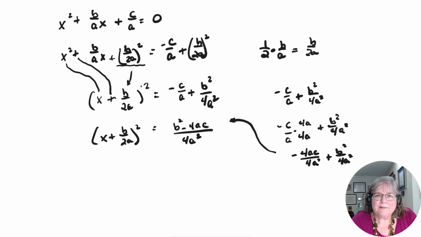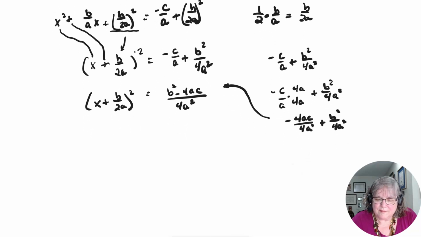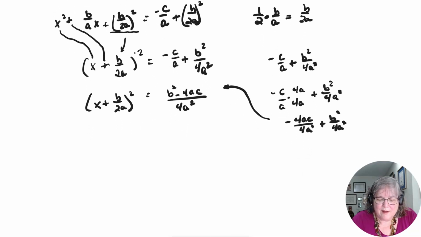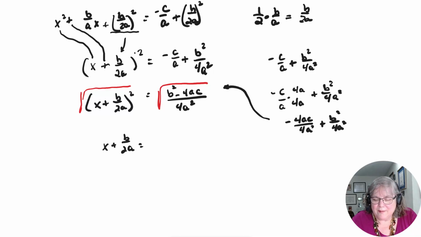Now what do you do? Now you're going to square root both sides, and the square root cancels this part. Don't forget the plus or minus. B squared minus 4ac is a binomial, so you cannot just square root parts and pieces of a binomial.